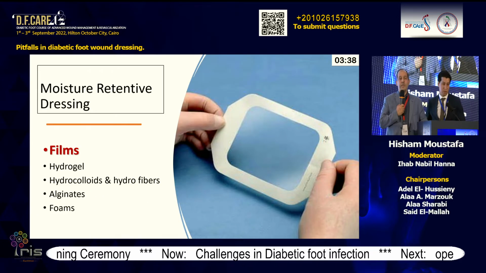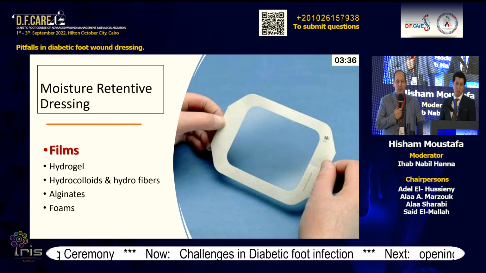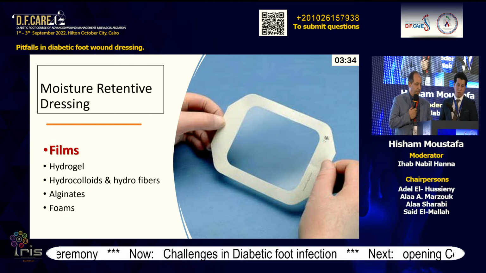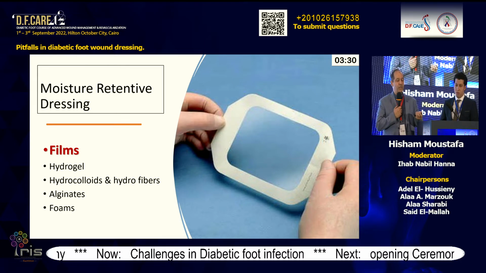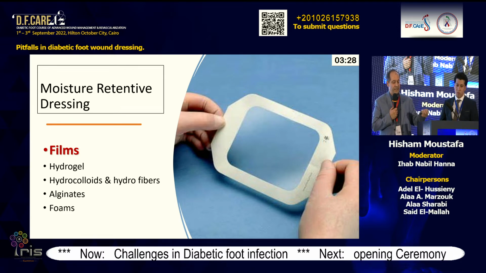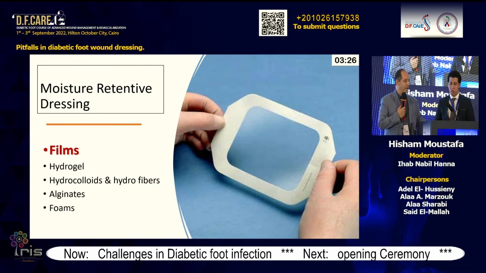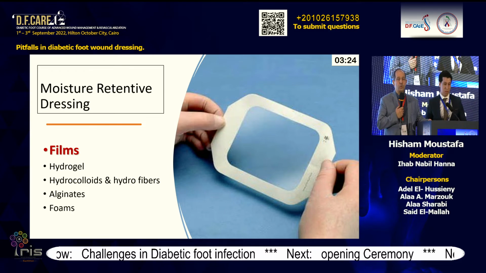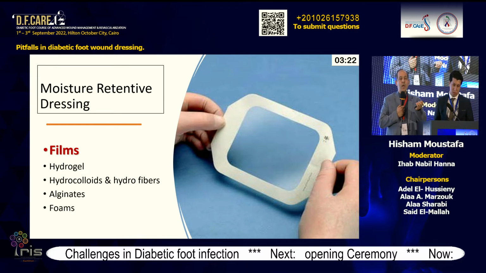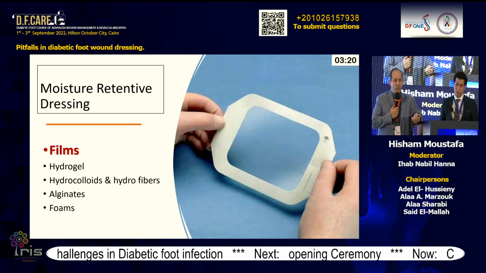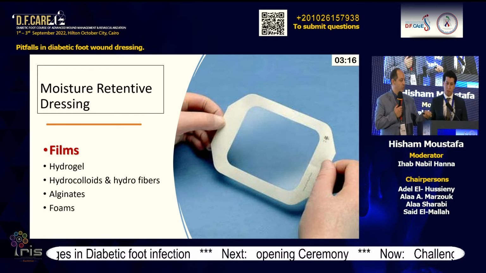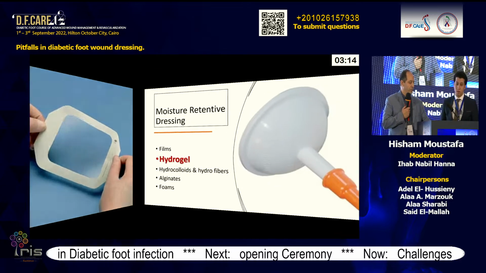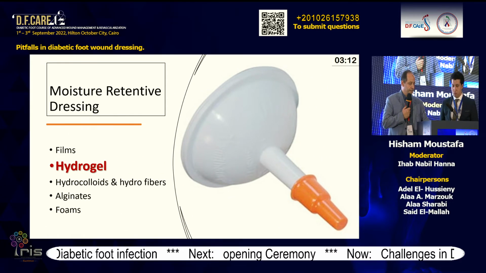These are examples of moisture retentive materials. We have the transparent film, which allows wound visualization. We have the hydrogel that can hydrate the wound. We have the alginate, which can absorb a moderate amount of exudate, and we have foam, which can absorb an excessive amount of exudate.